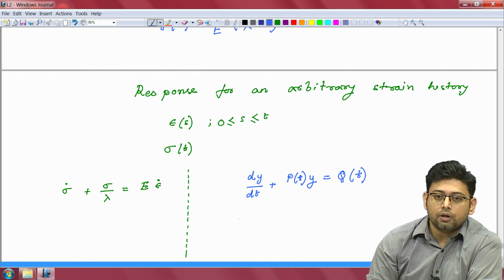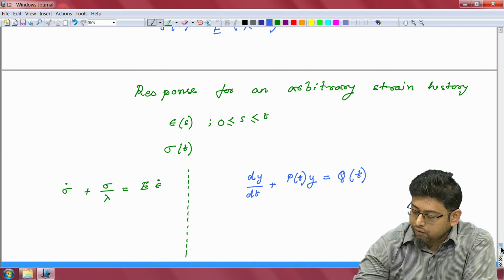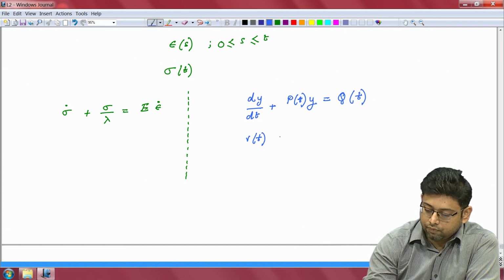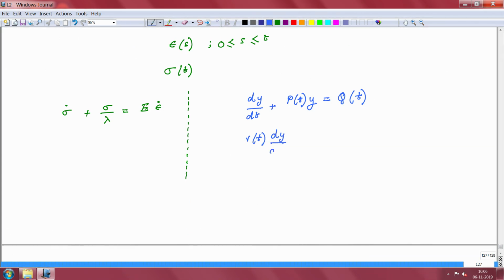Now, to solve this particular case, we introduce another function called V of t, and we multiply both sides by V of t.